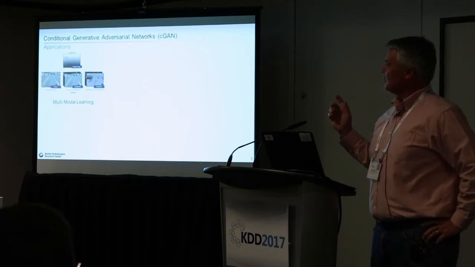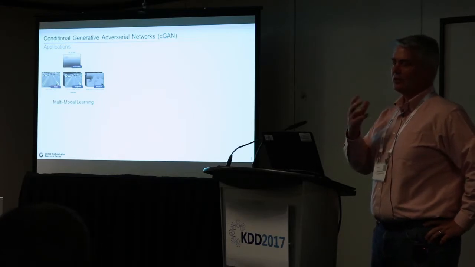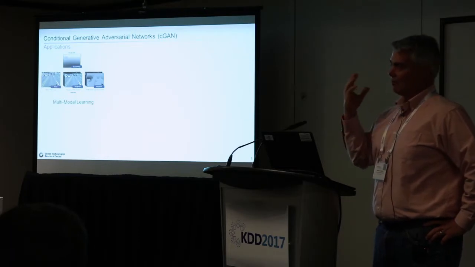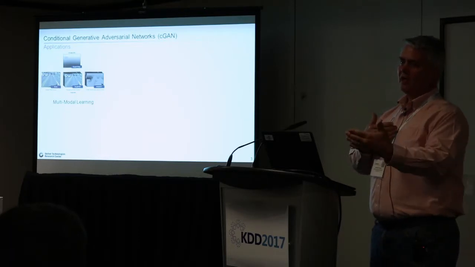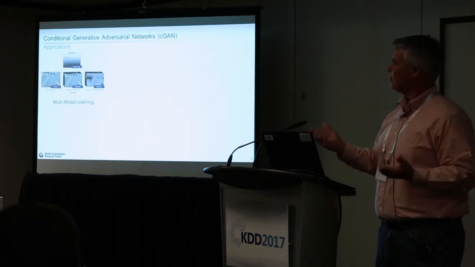So multimodal learning, this is an old favorite data set of ours. It's a Ford driverless car data set that's available online. And it has registered video and LiDAR data. So you have depth data along with your video from a number of cameras.